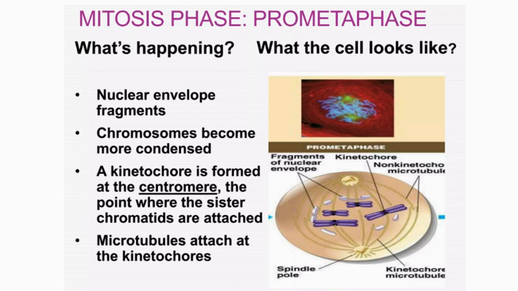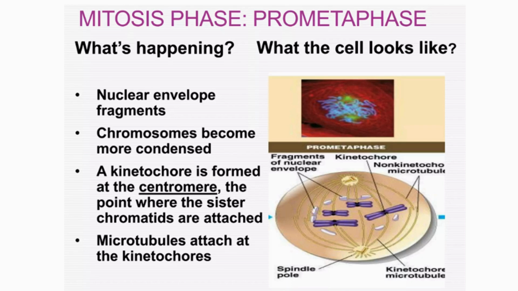In the second step, which is before the metaphase, is the prometaphase. Simply in the definition, prometaphase is where the chromosomes prepare to align at the center of the cell, which is the metaphase plate. We can explain this with the picture or the diagram here, showing that the nuclear envelope is fragmented.